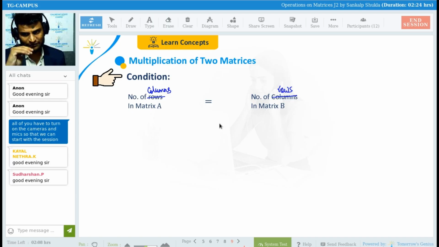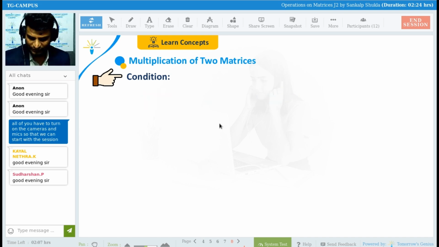Now, after checking whether the multiplication is possible or not, if it is not possible, then obviously you don't have to do anything. But if it is possible, then there is one thing to be done before multiplication. You have to find the order of the new matrix, obviously the product matrix.